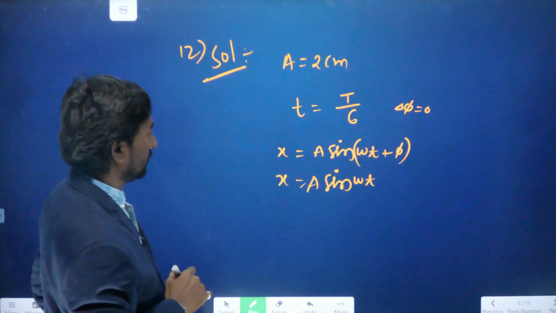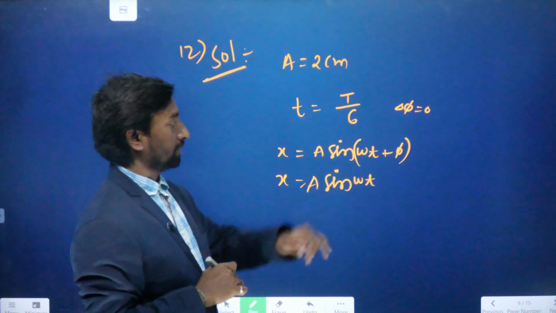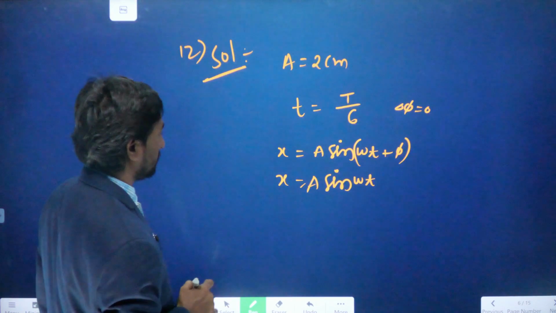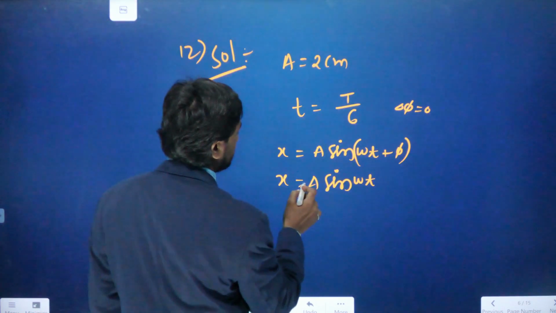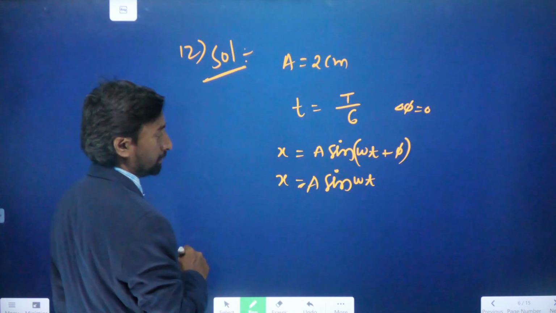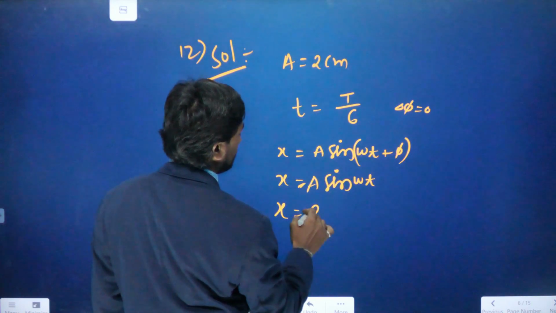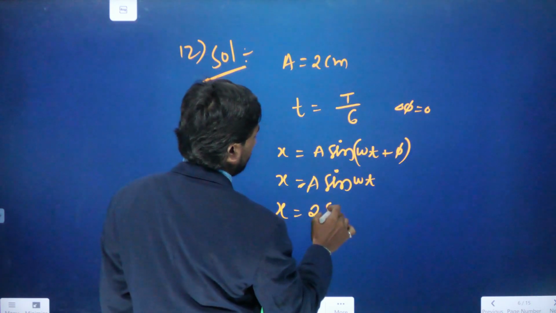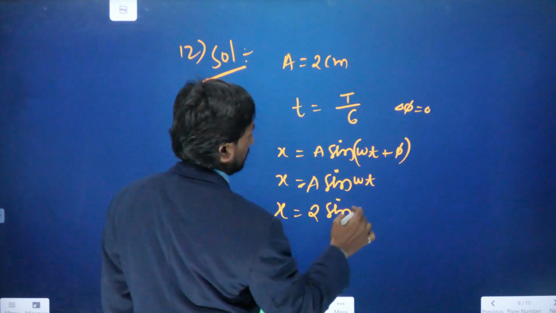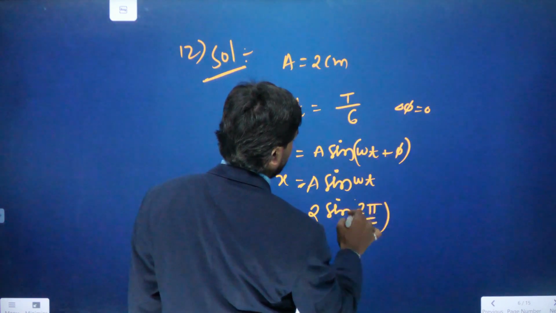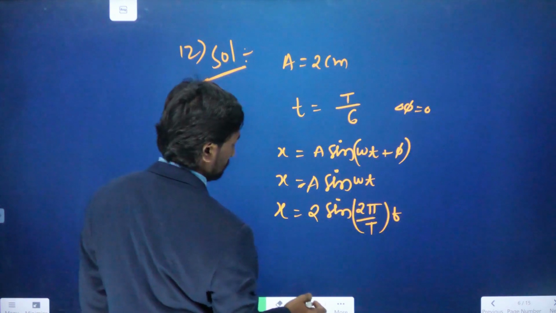We are not comparing this with another particle having a phase angle with this initial particle. So for the first particle we can take only x is equal to a sin omega t. Now x is equal to a, which is given as 2 centimeters, times sin of omega, which is nothing but 2 pi by T, into t, where t is given.